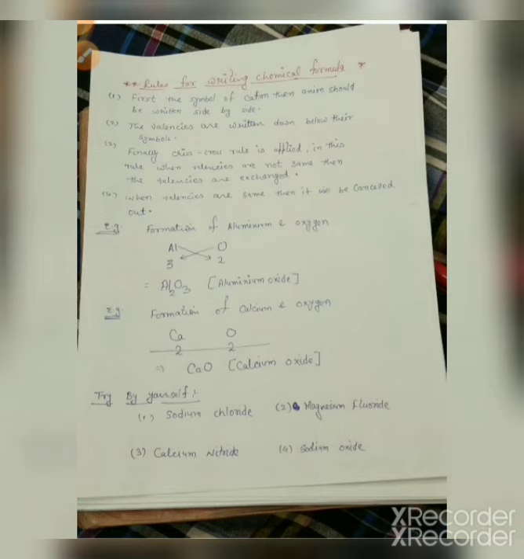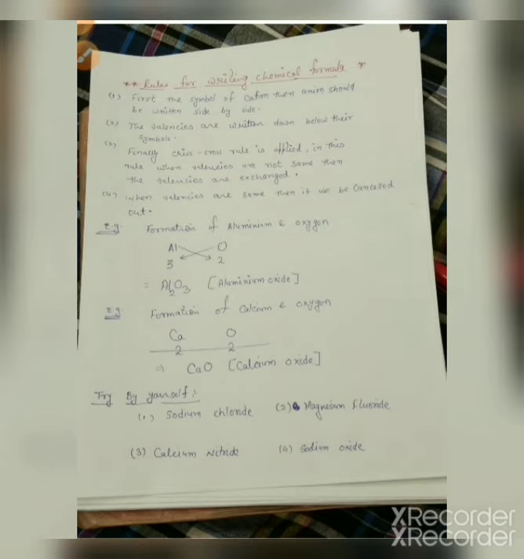Let us try some examples. Formation of aluminium and oxygen. We will write the cation and anion as Al for aluminium and O for oxygen. Valency of aluminium is 3 and the valency of oxygen is 2.